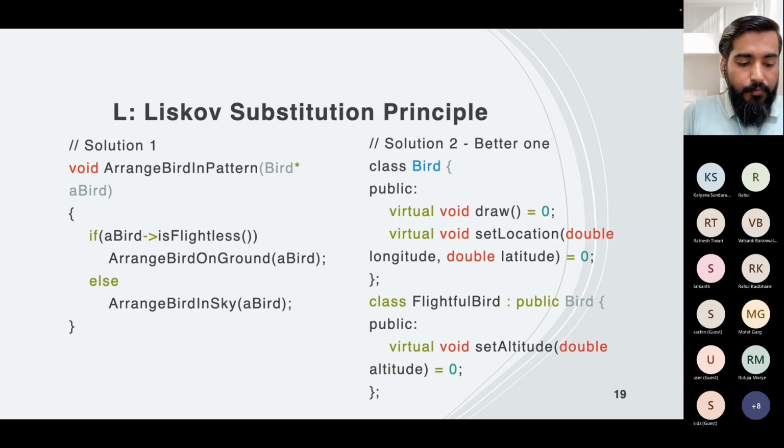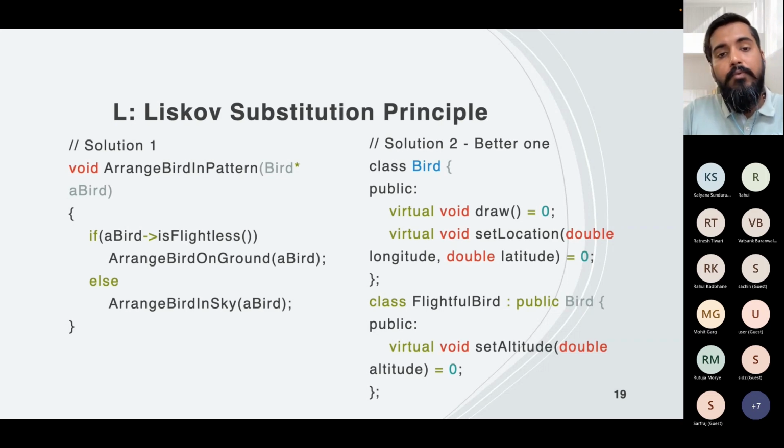Now, if I have to create an object for my flying birds, I will create an object from flightful bird. It will have all of draw, set location, and set altitude. And if I have to create an object for my penguin or emu, which cannot fly, I will create those objects using the bird class. So in that way, I'll not have to manage this set altitude thing.